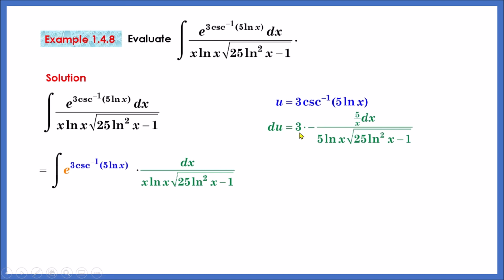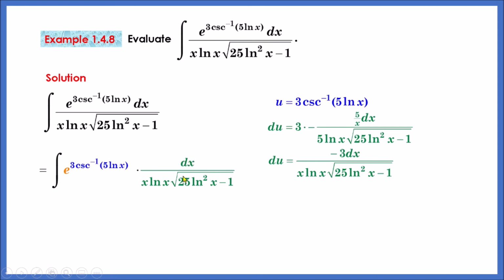Getting its du, we have 3 times negative. For the derivative of 5 ln x, we have 5 over x. Then, since this is cosecant inverse, we have over 5 ln x is square root of 25 ln squared x minus 1, and that is negative. So getting negative 3 dx over x ln x square root of 25 ln squared x minus 1.